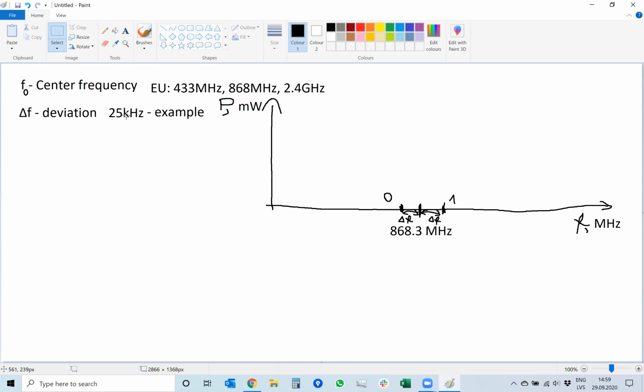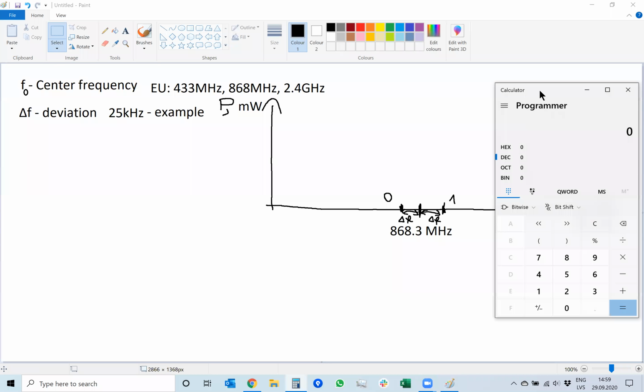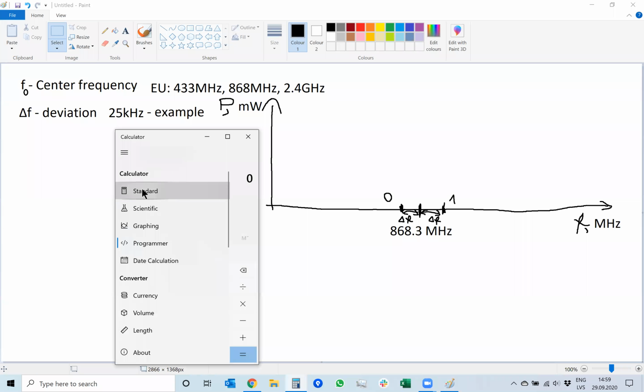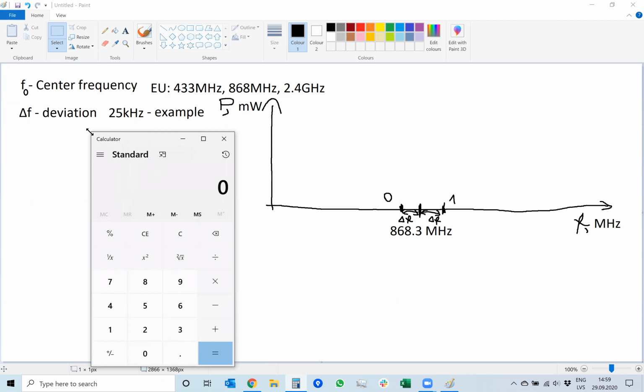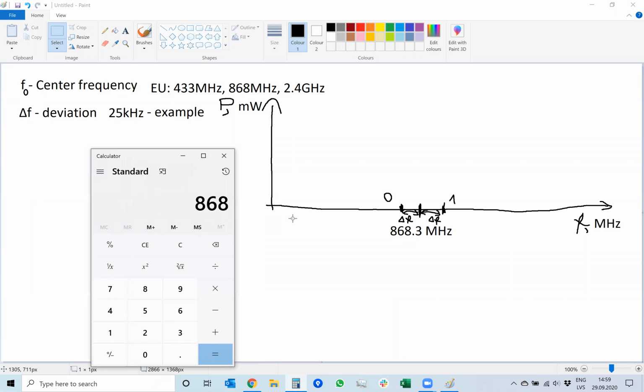For example, in Bluetooth, deviation is 125 kilohertz, so a little bit higher. Let's look at what percentage the deviation is compared to the center frequency. So center frequency is 868, for example, 868.3 megahertz.